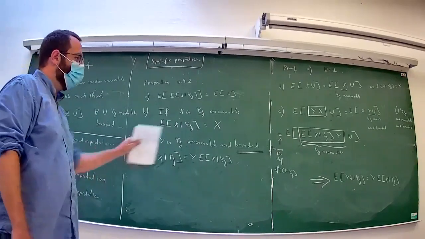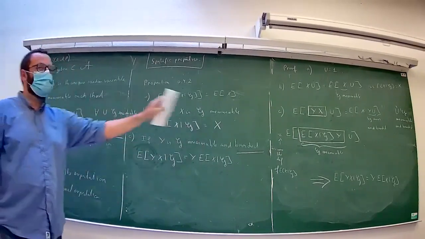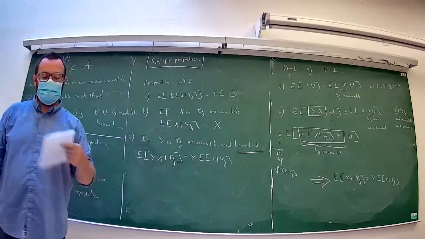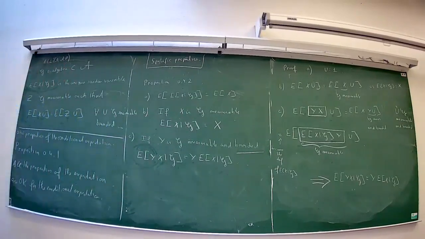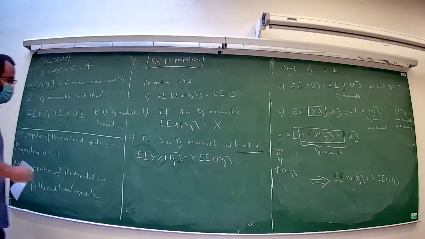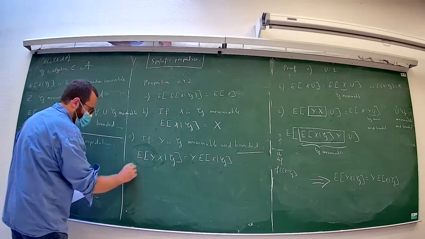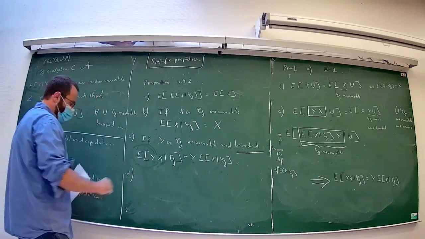So if you're okay for the moment, finish to copy, and after I will erase because I need place to do the small d and the small e, because I want to keep the definition on the board for the moment. So maybe for small d I can write it here. That is the following.